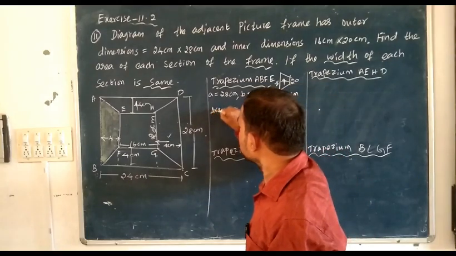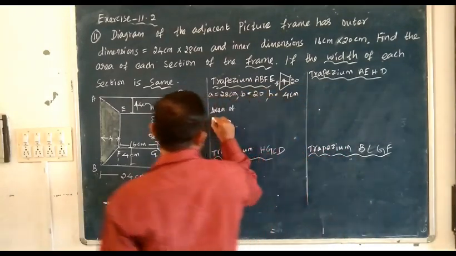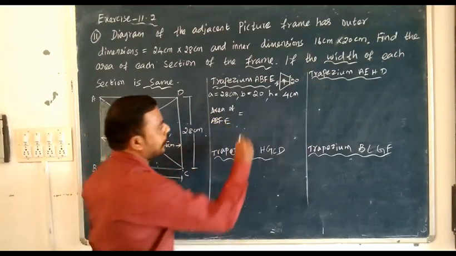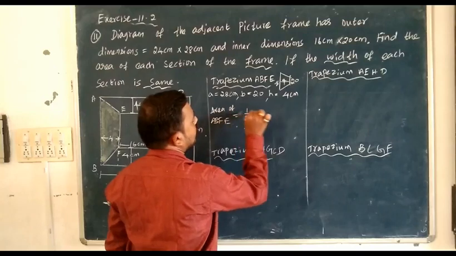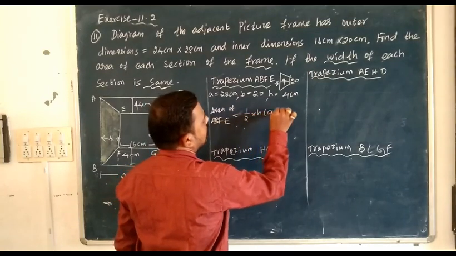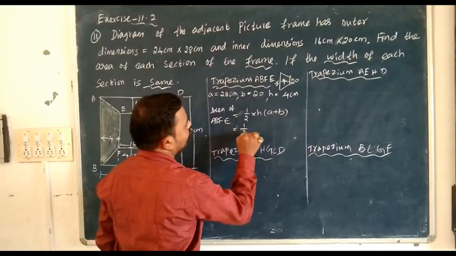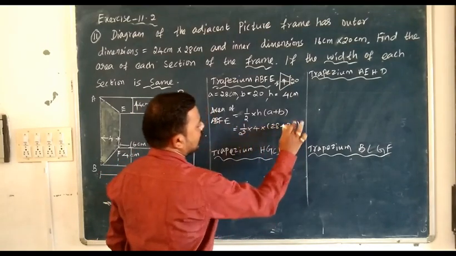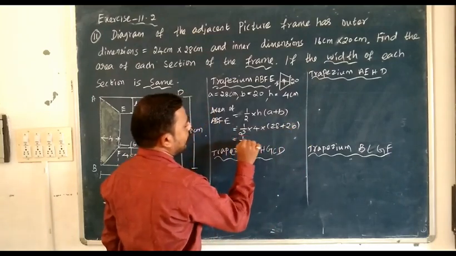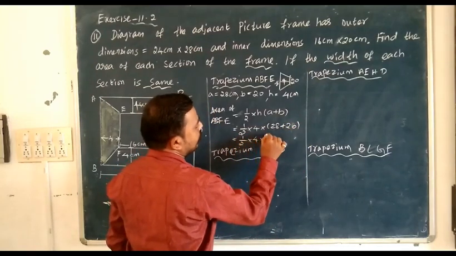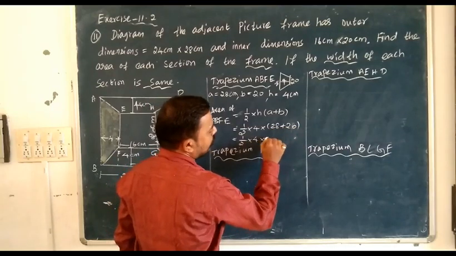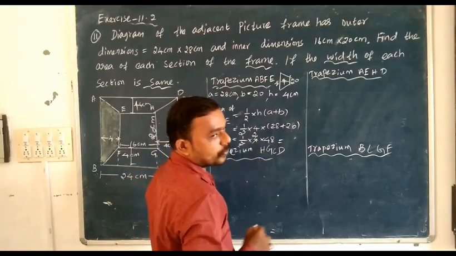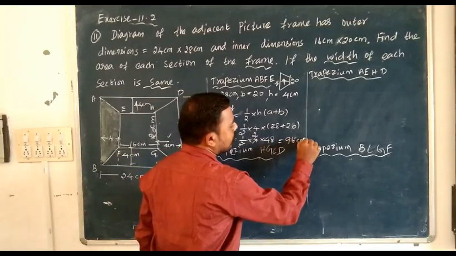So area equal to 1 by 2 into h into a plus b, so 1 by 2 into 4 into 28 plus 20, that is 48. So 96 centimeters square.